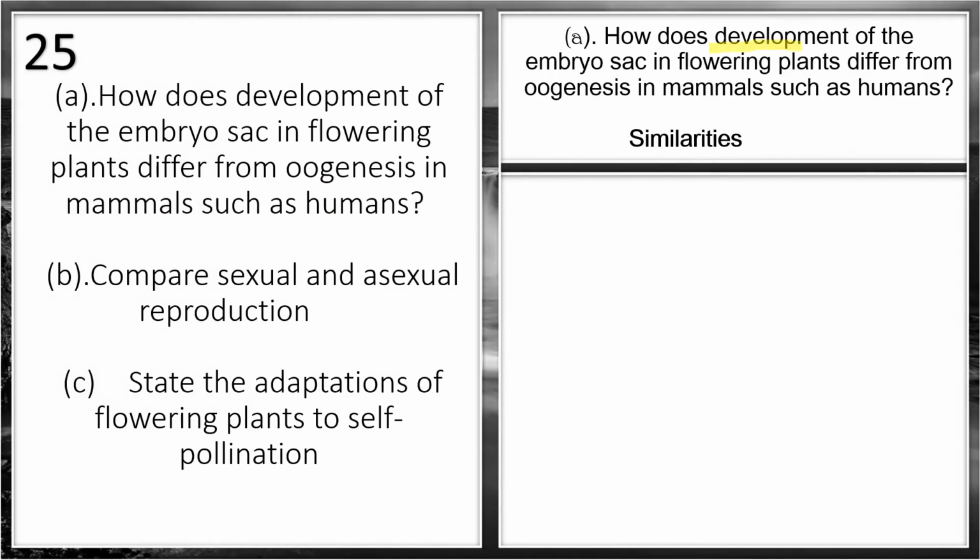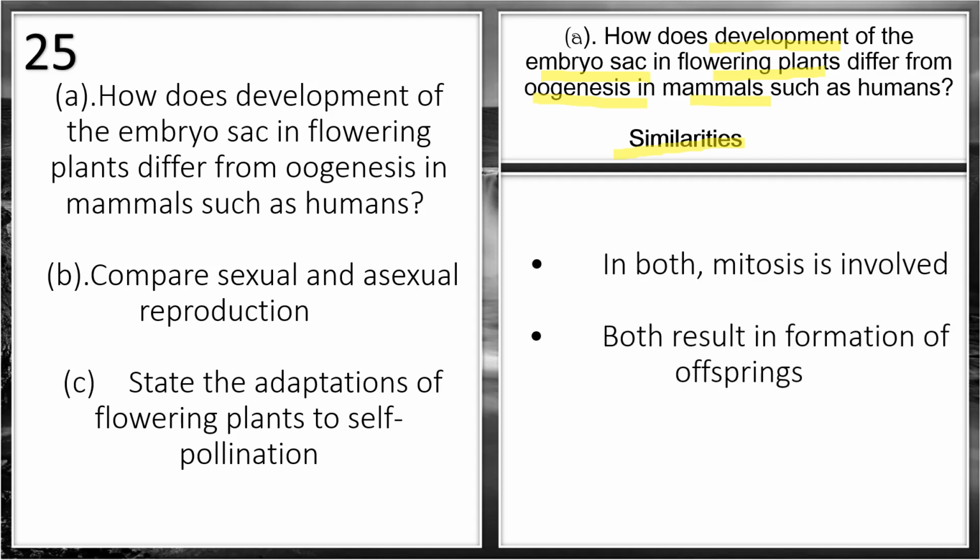How does the development of the embryo sac in flowering plants differ from oogenesis in mammals? Let's look at the similarities. Both involve mitosis. Both result in the formation of offspring.